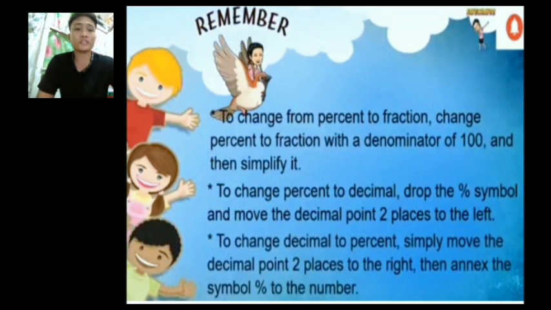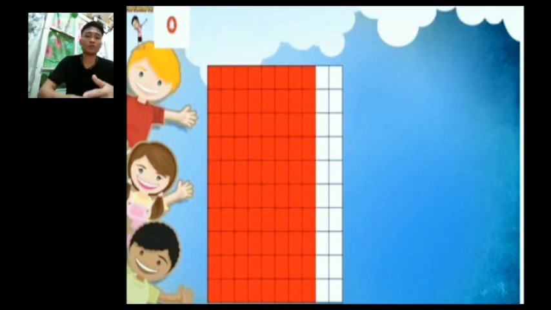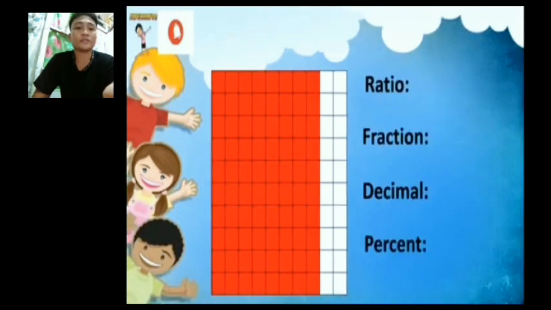So let's try this example. In these examples, we identify the ratio and fraction, decimal to percent. In this shaded part, there are 80 shaded parts of the square. So the ratio is 80 is to 100.